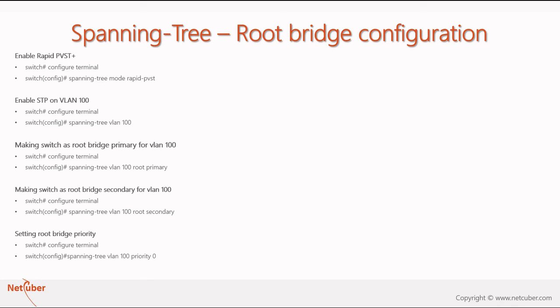To make core switch 1 the primary root bridge, go to global configuration mode: spanning-tree vlan 100 root primary. To make core switch 2 the secondary for VLAN 100: spanning-tree vlan 100 root secondary.